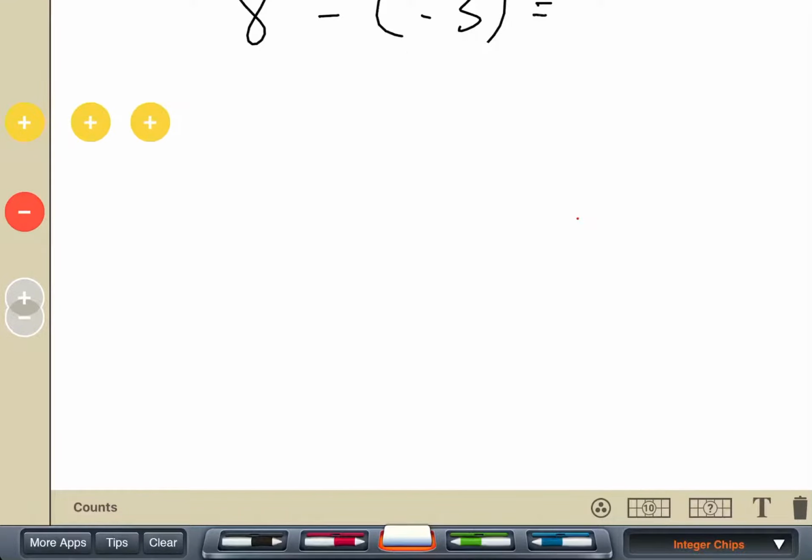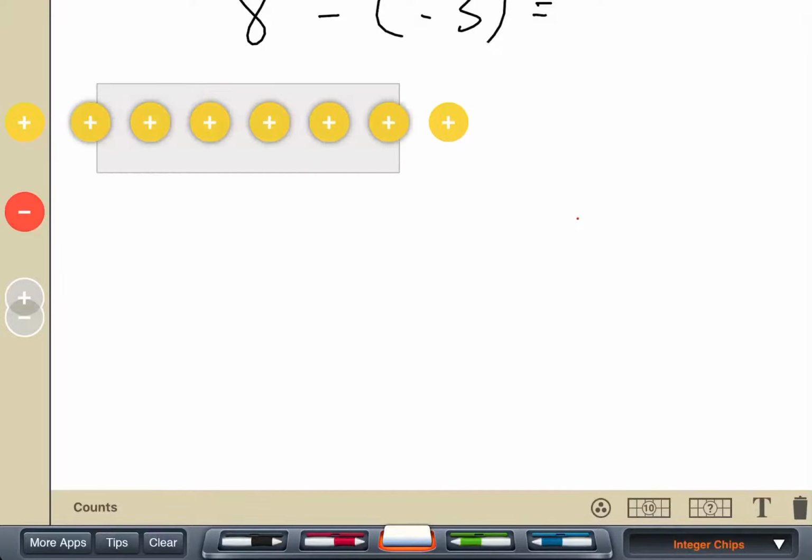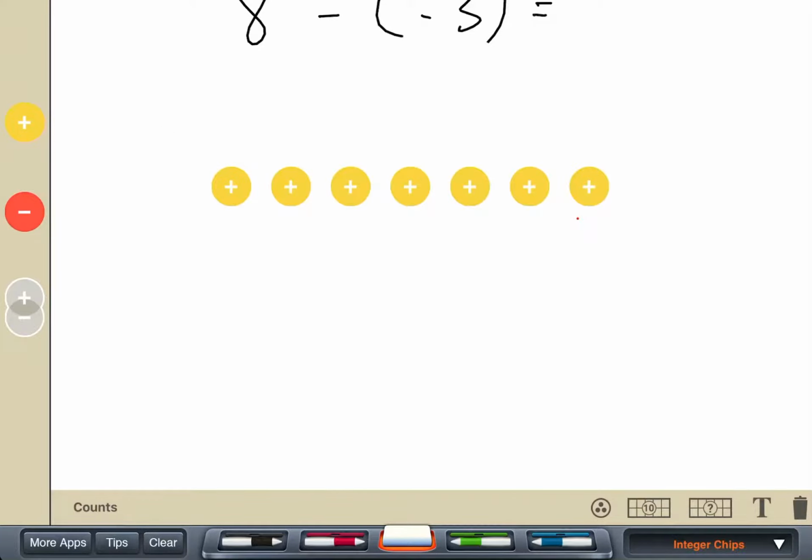Let's add the 8. 1, 2, 3, 4, 5, 6, 7, 8. I don't think that's 8, is it? No, 7. Good thing I double checked. Okay, now we have 8. We need to take away 3 negative counters, but we don't have any negative counters.